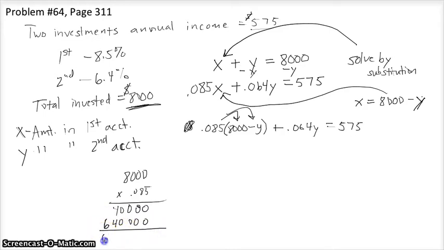So the total is 680,000. Move the decimal over 3 spots. So I get 680 minus 0.085y plus 0.064y equals 575.